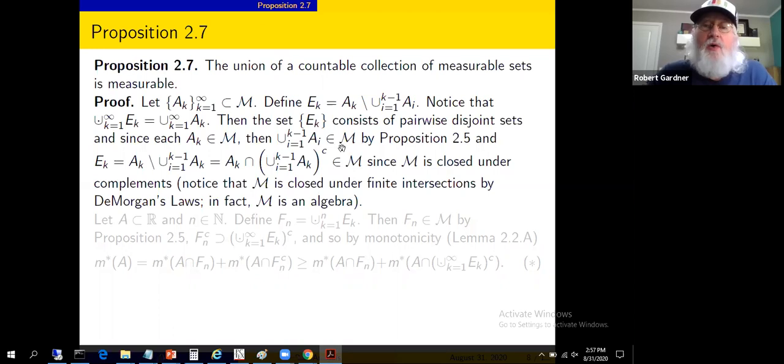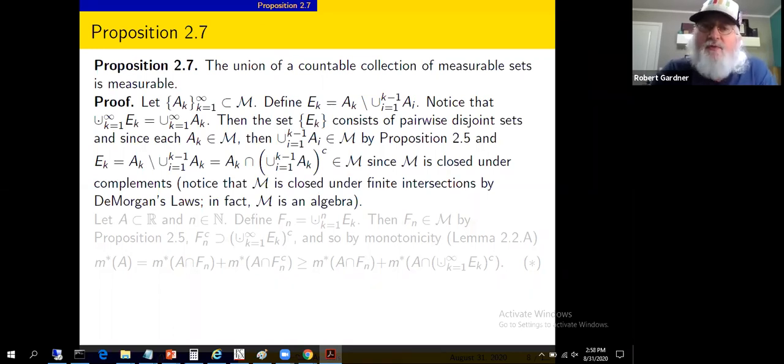We also know M is closed under complements, as we observed earlier. So not only is this set in there, but its complement is in calligraphy M. So if we take A sub k, a member of calligraphy M, and intersect it with the complement of this union, since we're dealing with an algebra, this is also an element of calligraphy M.